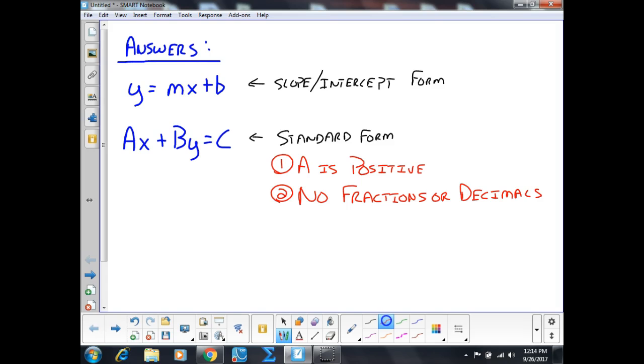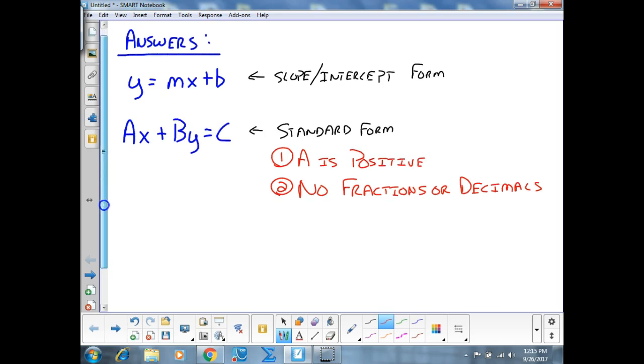Okay, now, depending on the directions in the problem, it's going to depend on which one you use. If it says give it in standard form, you have to give it in standard form. If it says give it in slope-intercept form, you give it in slope-intercept form. If it doesn't, you get to pick. But if it says a specific form, you need that.